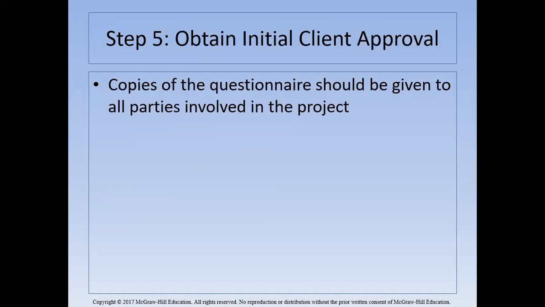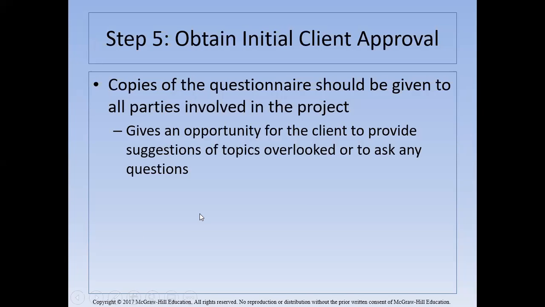Step 5 is where you obtain the initial client approval, which applies if you are a survey company. Copies of the questionnaire should be given to all parties involved in the project, giving the client an opportunity to suggest changes to some questions, because he is very much aware of what information he is looking for.